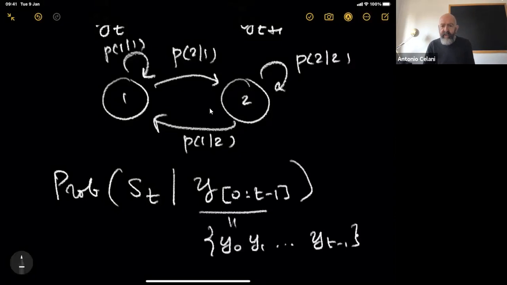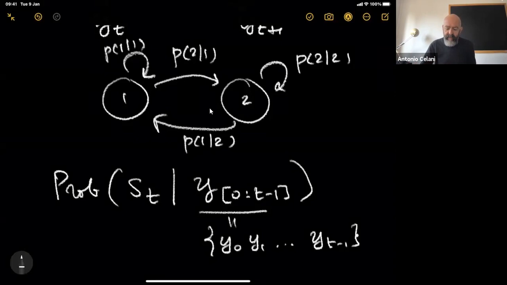This is going to be very useful because as I collect information about the system, I might be able to localize my probability around a certain state. And if I have this knowledge, at least in a probabilistic sense, of where my system is sitting at a given time, I can formulate some sort of decision-making problem. Okay?